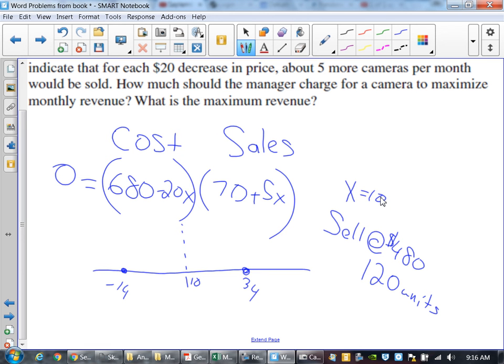When you walk through some of these, a lot of times it's a matter of: are they setting me up in terms of a zero? Are they setting me up in terms of finding a maximum or minimum using my calculator? When you see them as cost sales styles, always go with that intercept form.